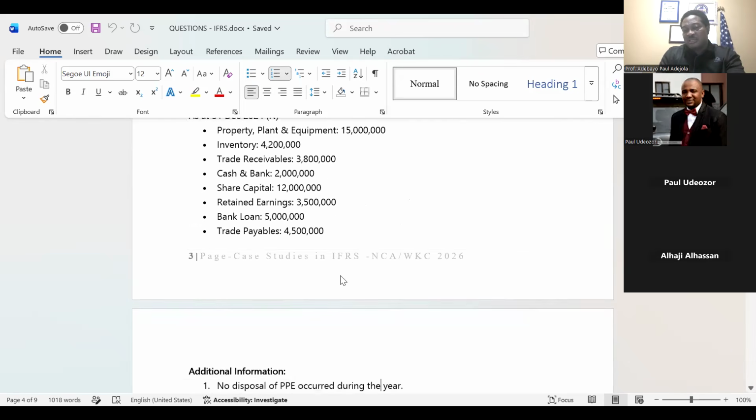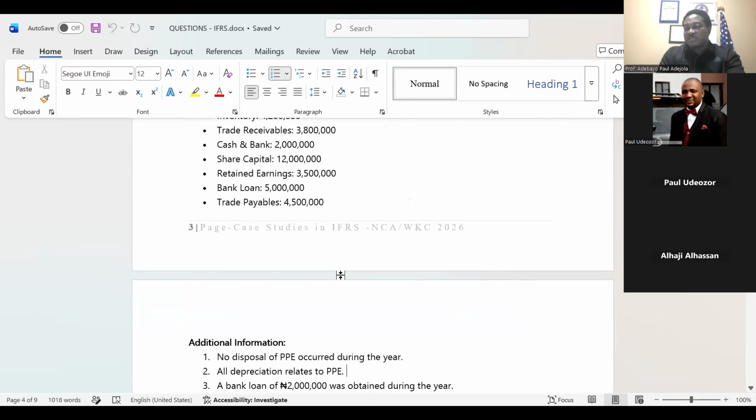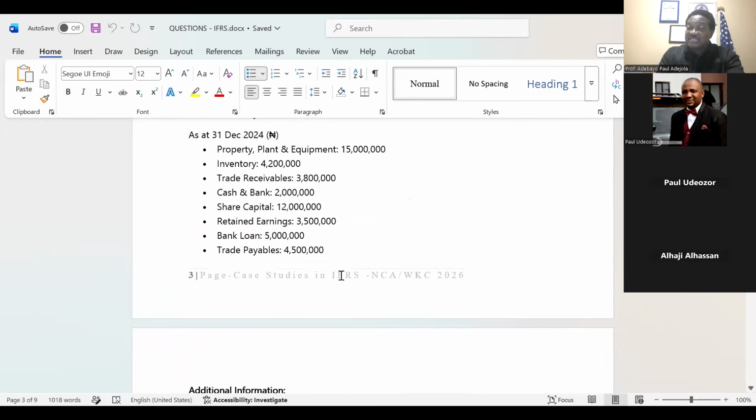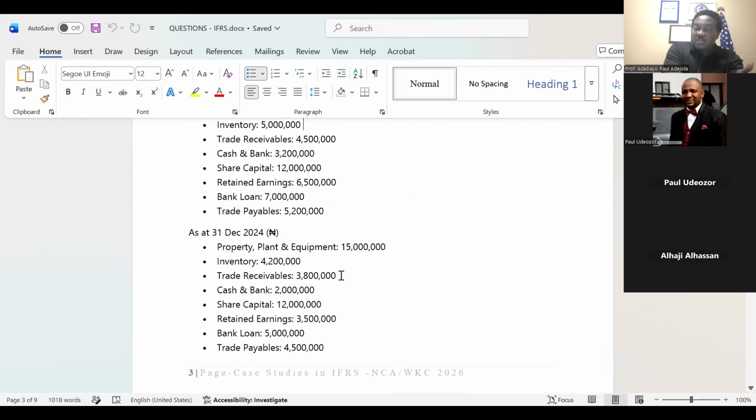Ladies and gentlemen, if I'm asked to prepare a statement of cash flow and I begin to see balances for 2 years, 2024 and 2025, what will come to my mind straight is that they want me to use the indirect method.